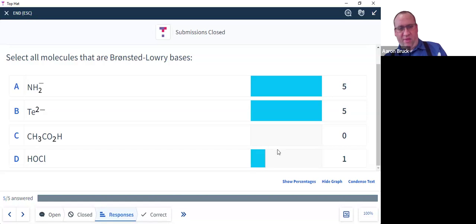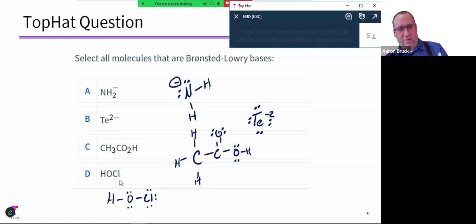The only question I would have about this one right here is this is its structure. The question would be, where does the hydrogen go?